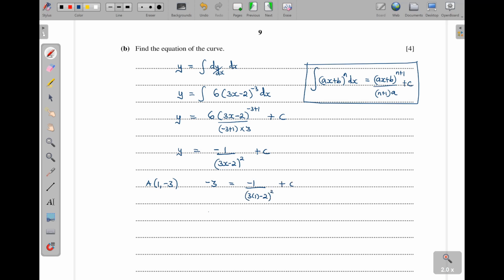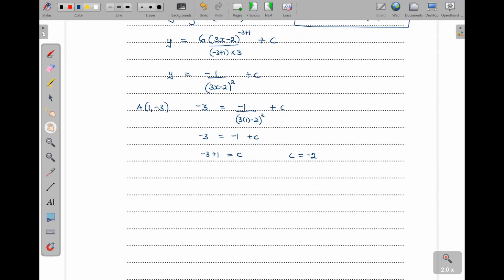So I have negative 3 equals negative 1 plus c. So negative 3 plus 1 when it crosses is equal to c. So c is equal to negative 2.